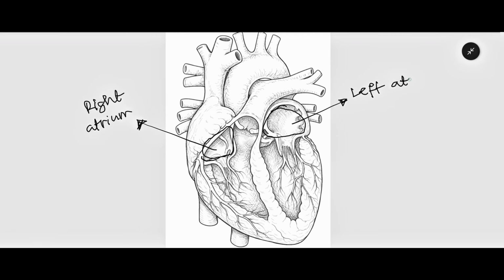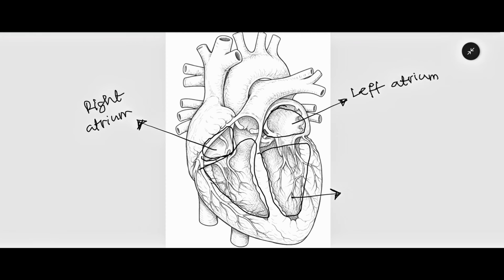So when you're looking at a heart diagram or even a lung diagram, remember that it is mirrored. So if you think about your own heart and you mirror it into the screen that you're looking at right now, your right is actually your left and your left is your right, if that makes sense. So the atria are these two upper chambers that receive blood into the heart. Next, we have the ventricles. The ventricles are these lower chambers that pump blood out of the heart.